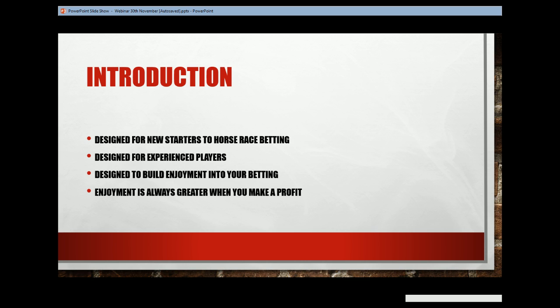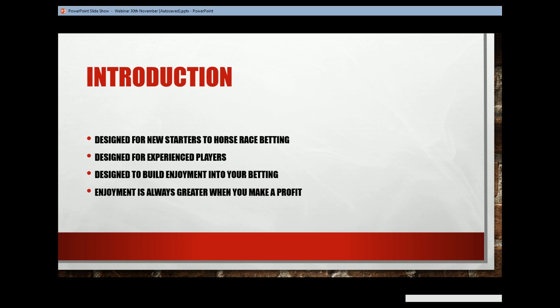Now, horse race predictor is designed for new starters to horse race betting. If you have never placed a bet before, you could not be in a more optimum place to begin this task. It's also designed for experienced players. I know there are a couple of experienced players here at least. So even if you've been betting for a long time, this is going to take it up to a new level, or certainly enhance what you're doing, because there's nothing else like the horse race predictor anywhere.